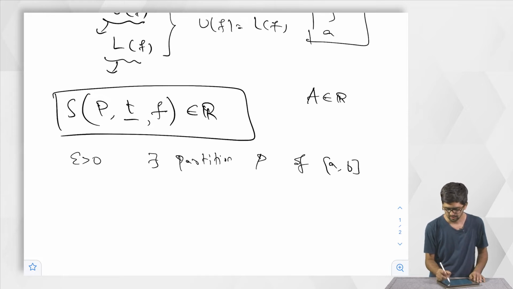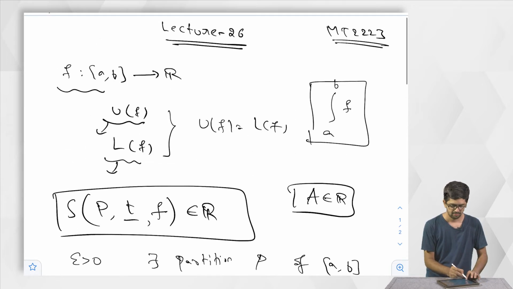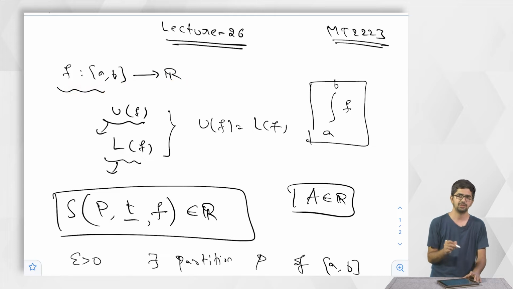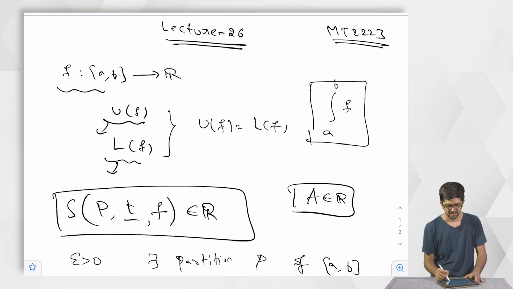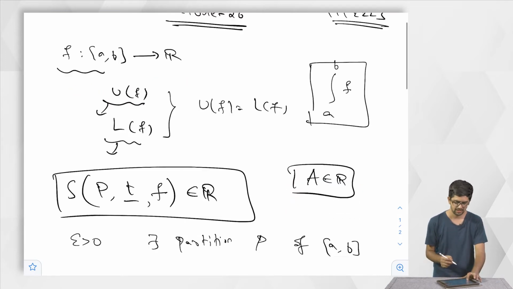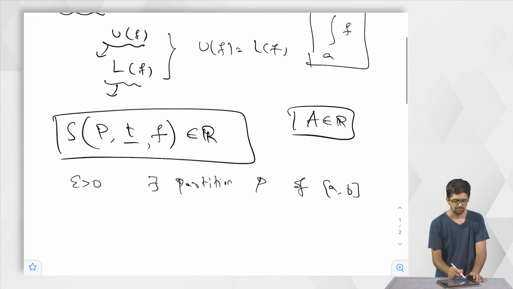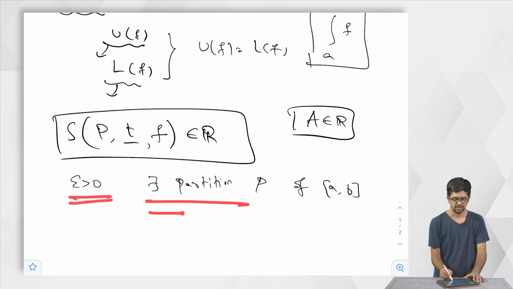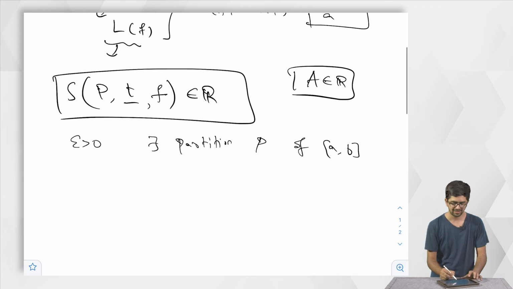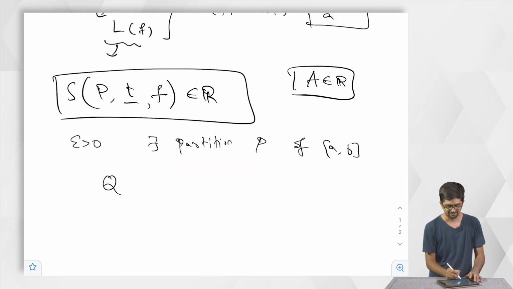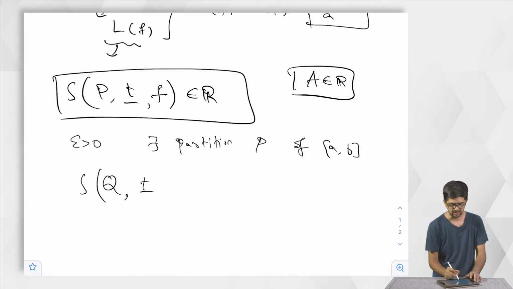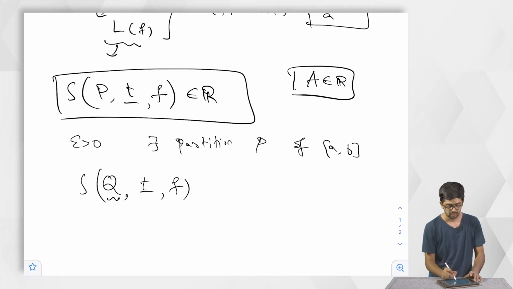A function f from [a, b] to R is said to be Riemann integrable if there is an element A belonging to R such that some condition is satisfied. What is it? For epsilon positive, there is a partition P such that for every refinement Q of the partition P, and for any sampling T bar, the Riemann sum for the partition Q is related to A in this sense.